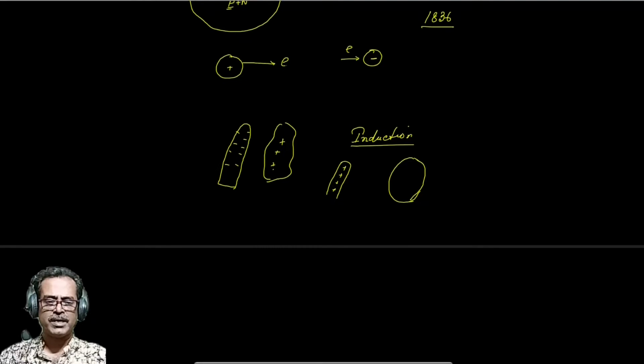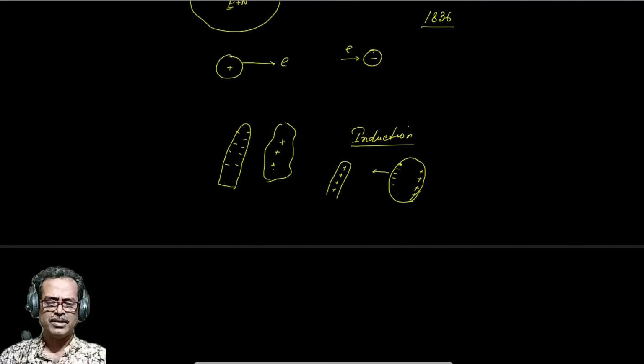Electrons are orbiting around the nucleus, so those electrons are attracted towards the charged body. So this side of the material gets negatively charged, and at the same time, as this body is neutral, the opposite charge accumulates on the other side of the object.